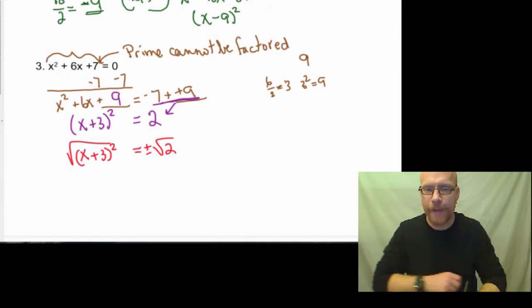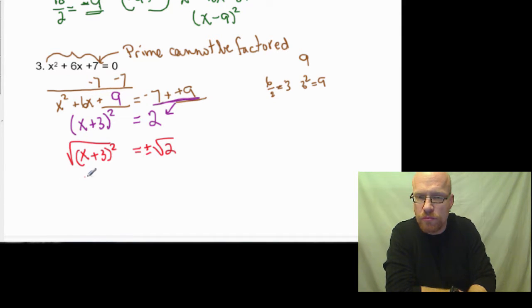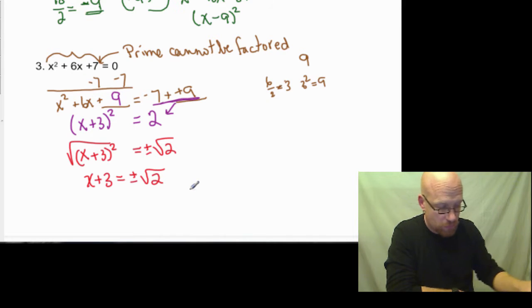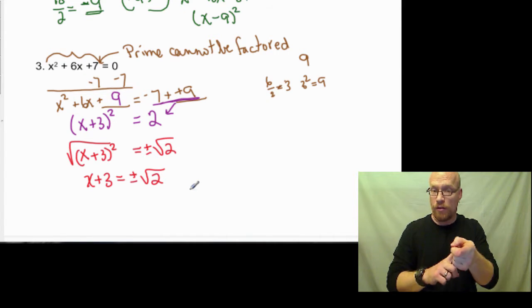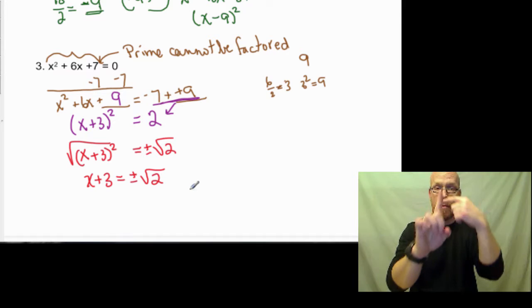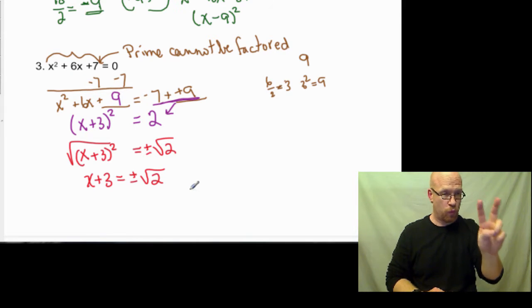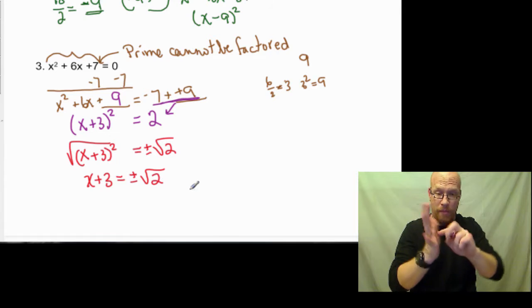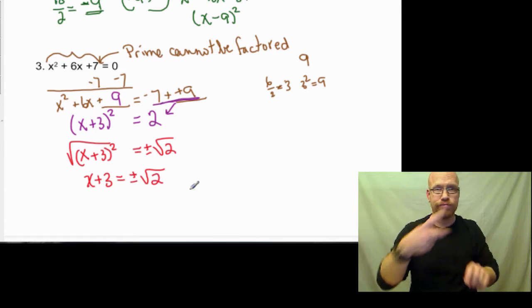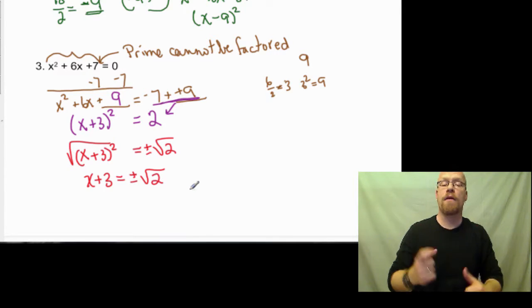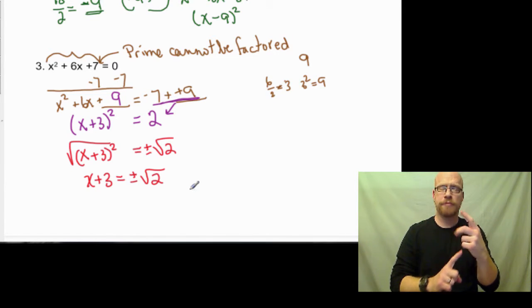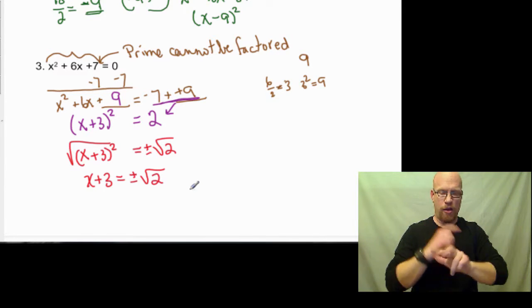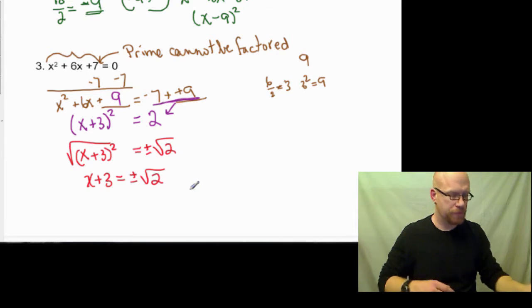So now, so far, x plus 3 equals the positive and negative square root of 2. Remember, we have two answers now. So now, x plus 3, we're going to subtract 3 from both sides and see what happens.